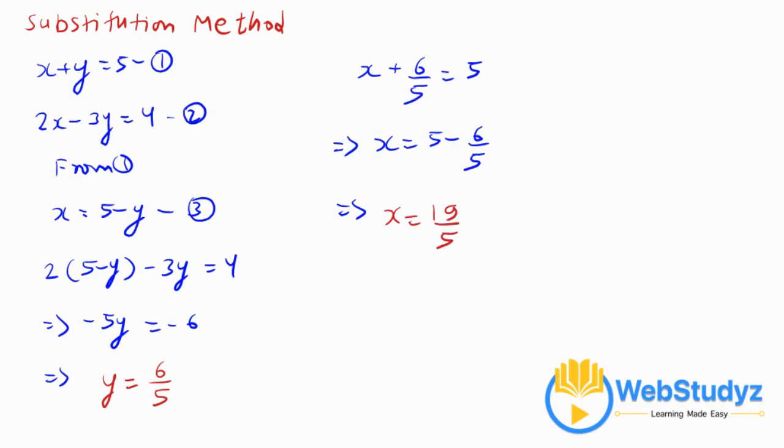So move on to the second pair of equations, which are 3x plus 4y equals to 10. This is our first equation, and the second equation is 2x minus 2y equals to 2. This is our second equation.